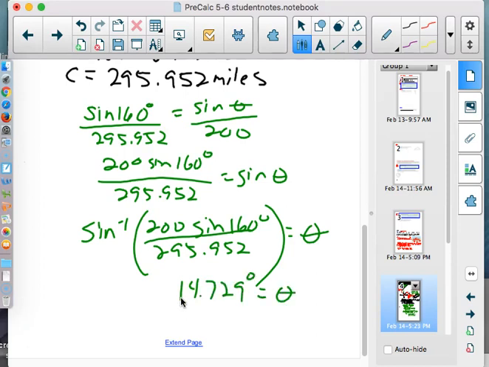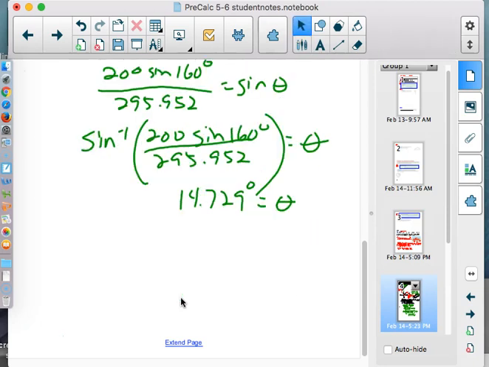All right, so approximately 14.729 degrees for theta, using everything stored in the calculator. Just so that you know, if you didn't store and used the 295.952, your angle gets a little bit off on this one. So we want to use that store feature whenever we can.